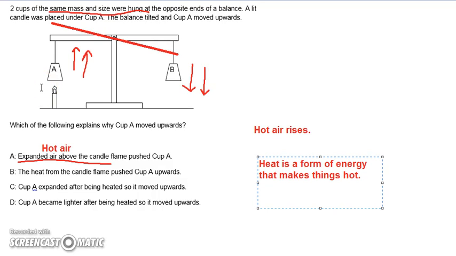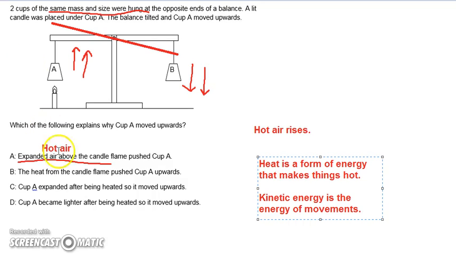Energy that makes things move is called kinetic energy, whereas heat is a form of energy that makes things hot. So kinetic energy is the energy of movement. Here, it is saying that the heat from the candle flame pushes cup A upward. Heat can't push things. Kinetic energy can. Heat can only make things hot.